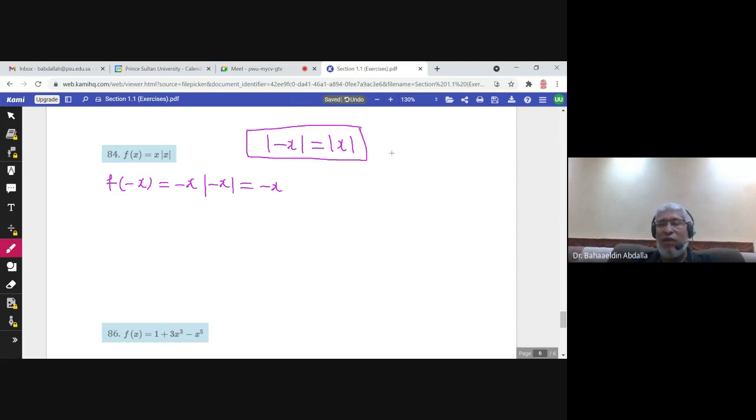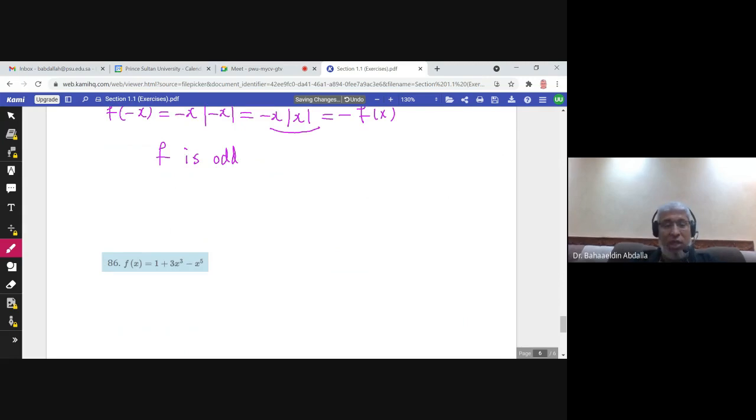Absolute value of negative 3 is equal to absolute value of 3. So absolute value of negative x can be replaced by absolute value of x. Now, this minus sign is multiplied by this, and this is f of x. So this is negative f of x. So f of negative x equals negative f of x. So this function is odd, and the graph is symmetric about the origin.